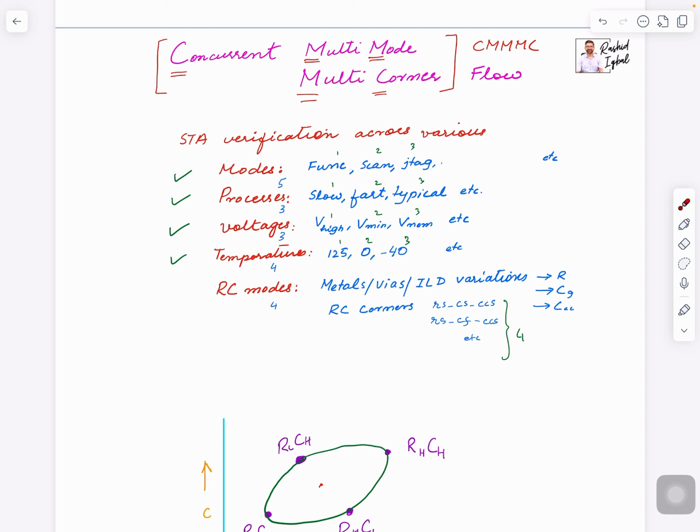First of all, we can have different modes. We can have functional, we can have different versions of functional, depending upon where you want to enable all of those functional interfaces or logic together, or you want to keep some of those disabled.